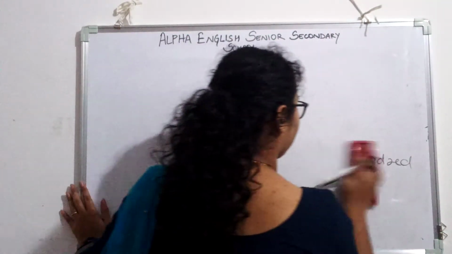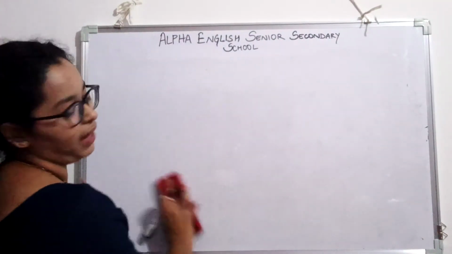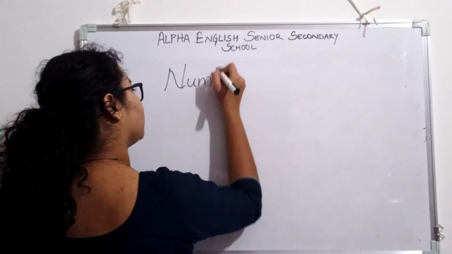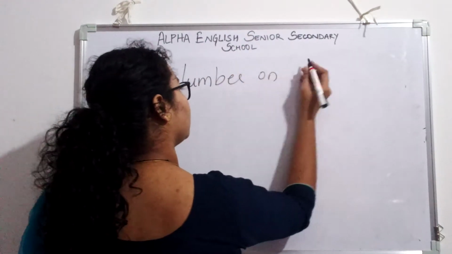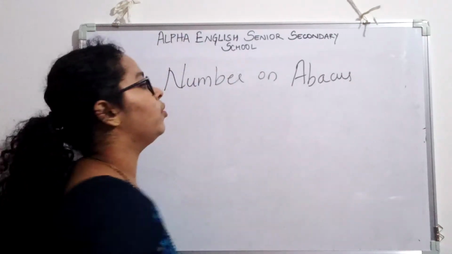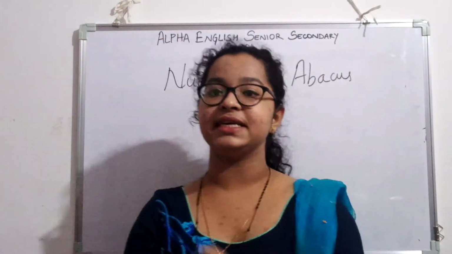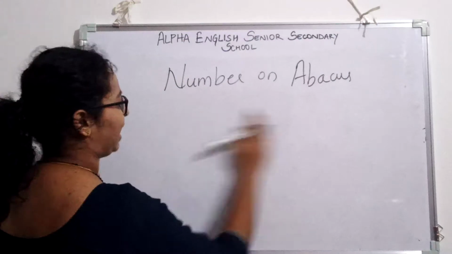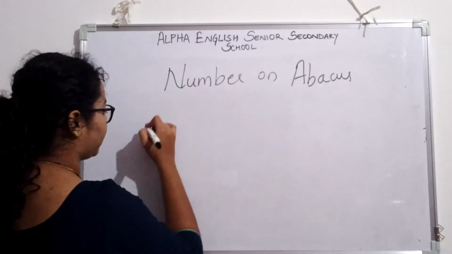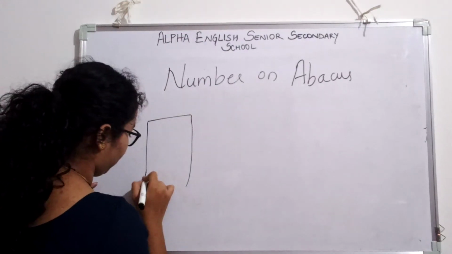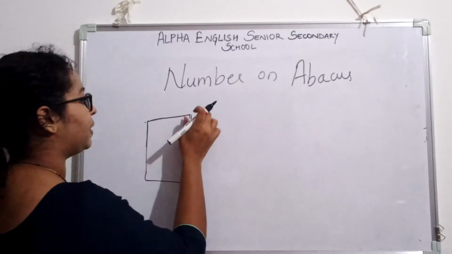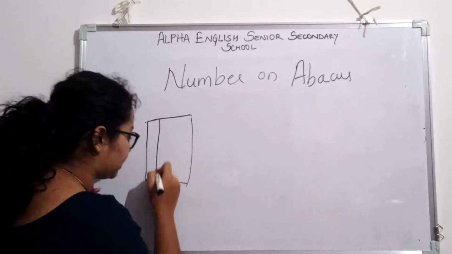The next topic is number on abacus. So basically, what is an abacus? An abacus is a frame-like structure. It's not even a box. It's a frame consisting of 4 wooden pieces like this, and it has pillar-like structures like this.